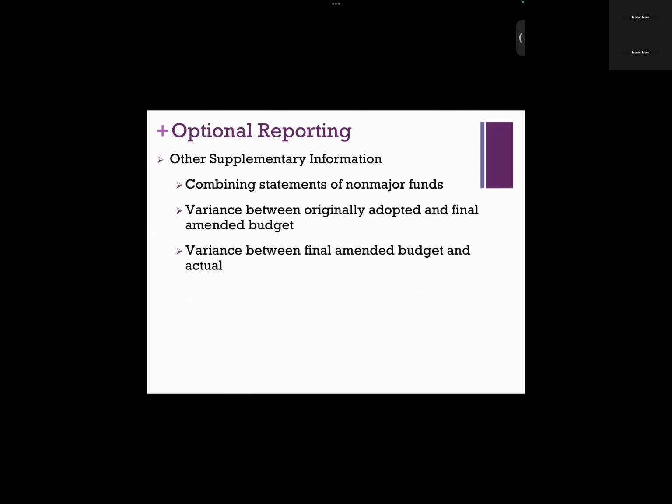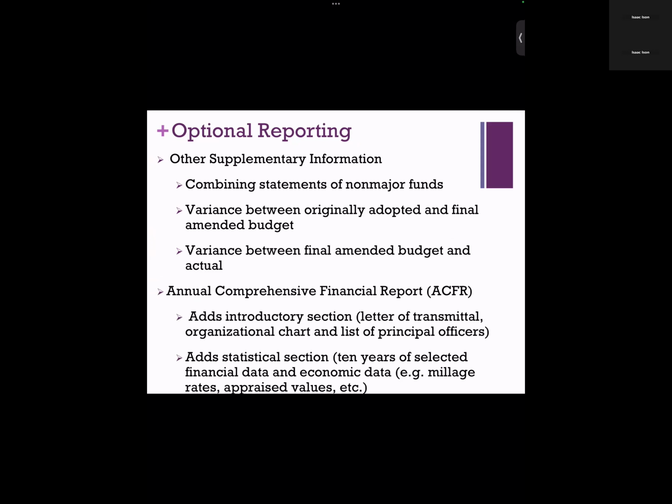There's some optional reporting. Could be other supplementary information, which is combining statements of non-major funds, variance between original adopted and final amended, variance between final amended and budget and actual, so some variance type stuff, and then the annual comprehensive financial report.